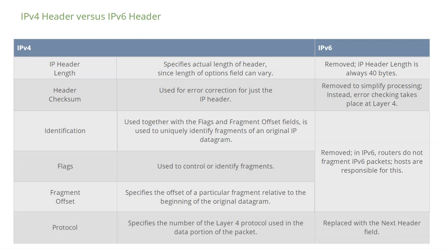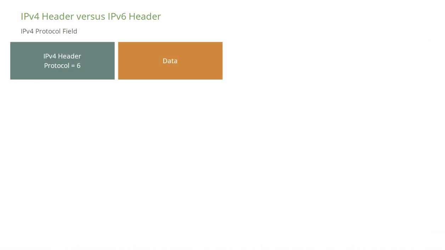The IPv4 protocol field specifies the number of the layer 4 protocol used in the data portion of the packet. In IPv6, the protocol field is replaced by the next header field, which plays a similar role, but in a new and expanded way. Let's take a moment to look at this important enhancement. In IPv4, the protocol field specifies the number of the layer 4 protocol used in the data portion of the packet.